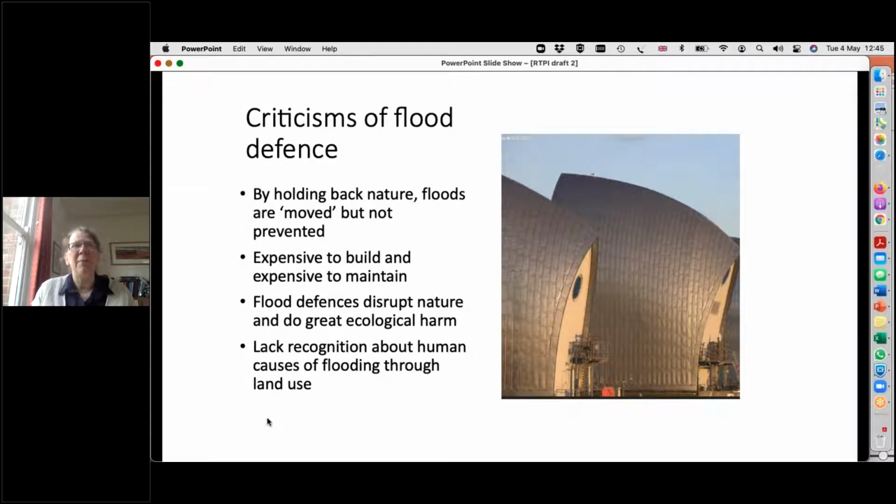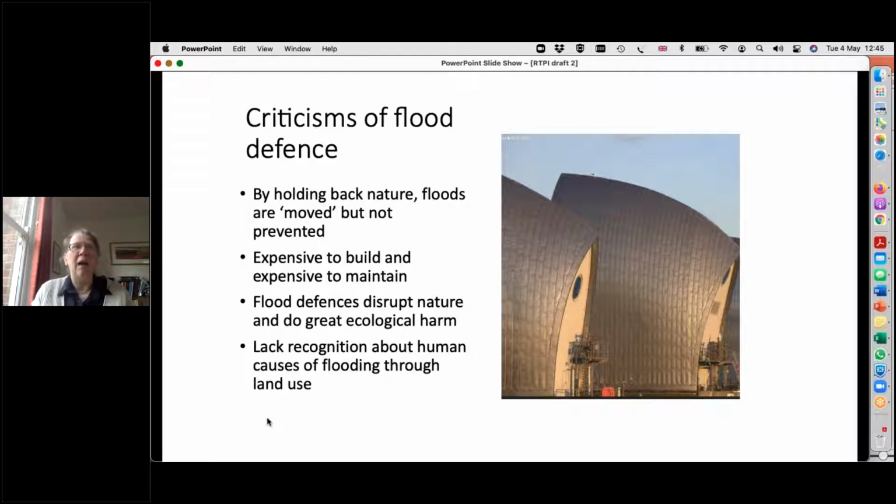These structures tend to be very expensive to build and quite expensive to maintain. So we know, for example, the Thames Barrier was very expensive to build, but it won't be enough, and we're going to have to build more if we want to protect London from flooding.